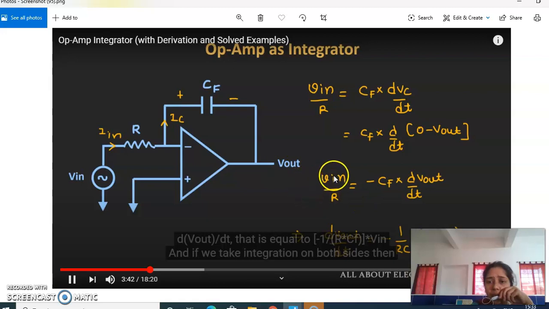So Vin by R equals minus CF into d by dt of Vout.